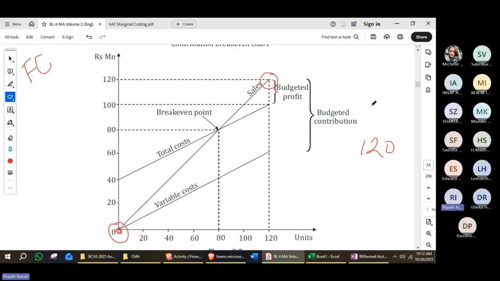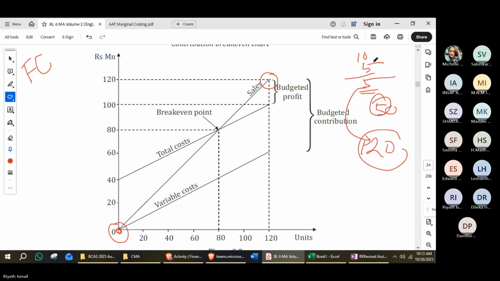And the variable cost, say 5 rupees variable cost into 120. And here selling price 10 minus 5 equals contribution, equals 5. 5 into 120. Then you draw another line, the contribution line, or directly you can draw the variable cost line.